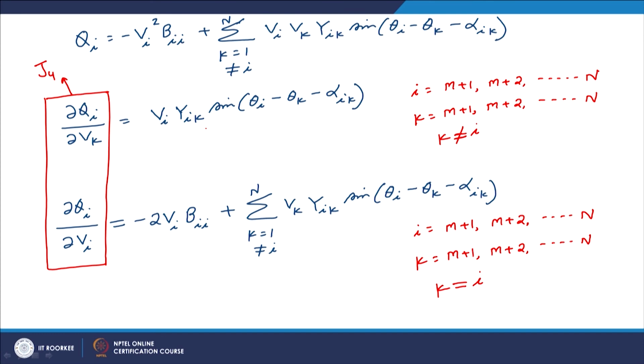Similar observation also holds good for this matrix J1. A matrix is called sparse when most of these elements are 0. So, now because these matrices J1, J2, J3, J4 are sparse in nature, so then therefore, this matrix J is also sparse in nature. So, this is one interesting observation.